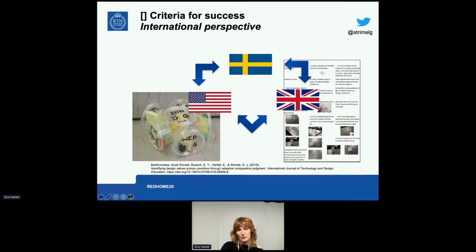We then did another study, which I conducted with Scott, Emily, and Greg at Purdue University. It was sort of a follow-up on this criteria for success. We had more than 700 student works, and we did a comparative judgment in an international perspective.